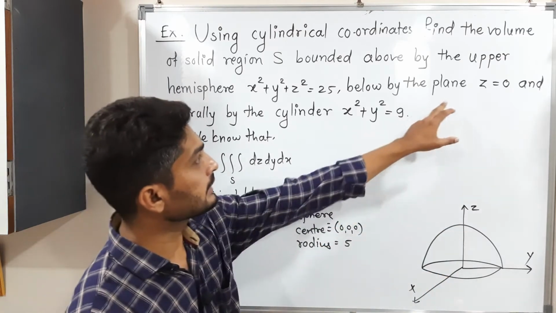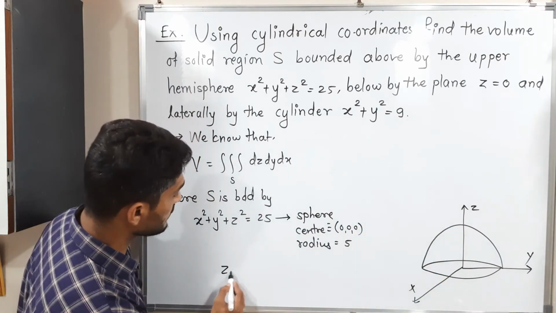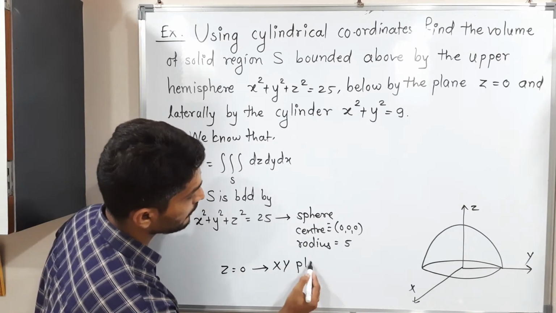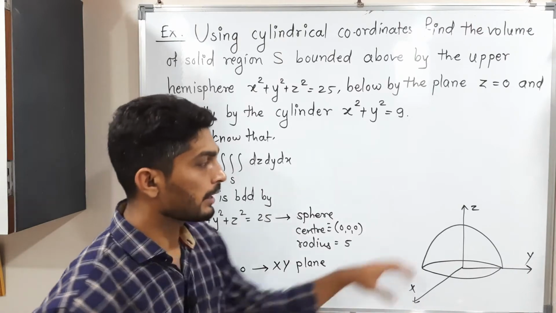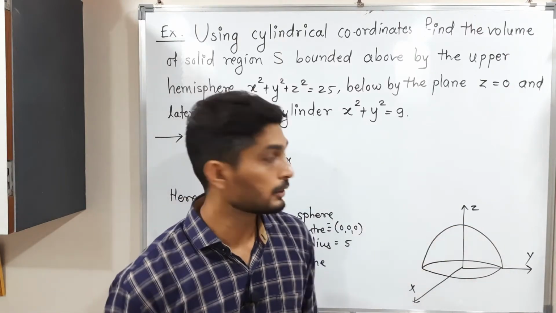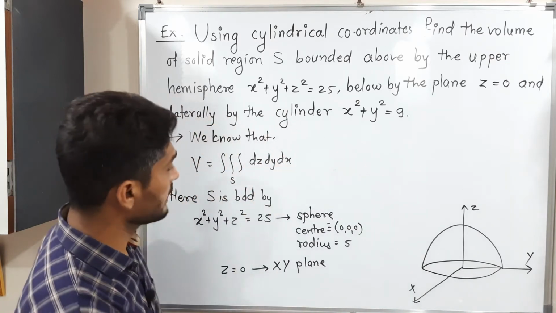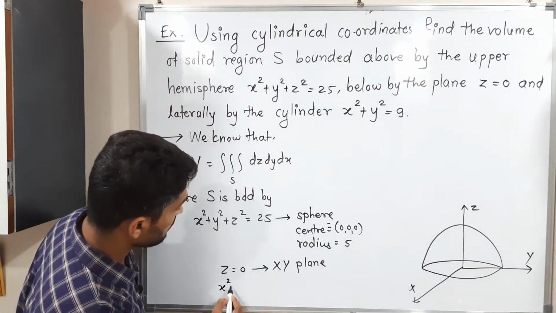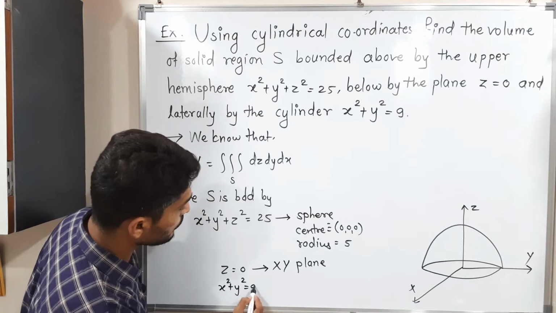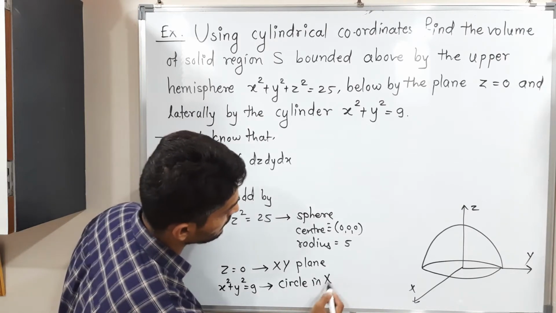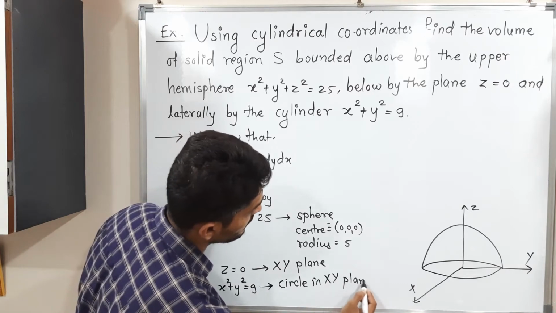Let us go further. z is equal to 0. You know that z is equal to 0 is the xy plane, right? So the region is bounded by the hemisphere, bounded by the xy plane, as well as, what have they mentioned? Laterally by the cylinder x square plus y square is equal to 9. This is a circle in the xy plane with center origin.